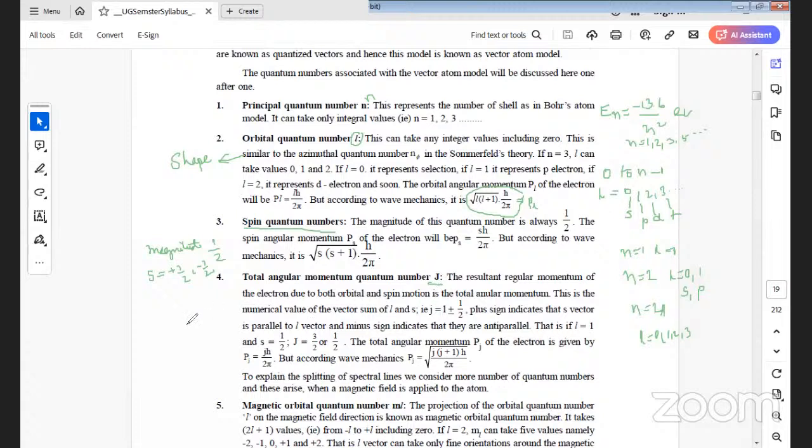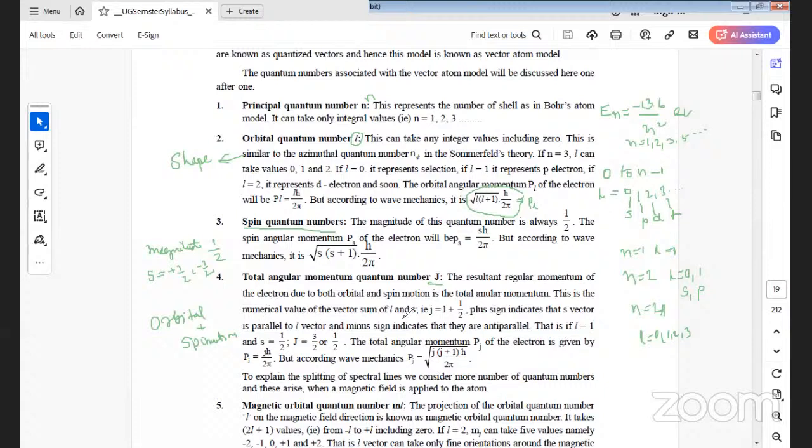Due to both of these, we get the total angular momentum quantum number J.